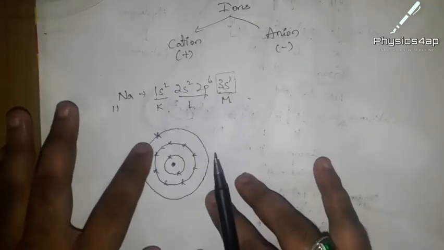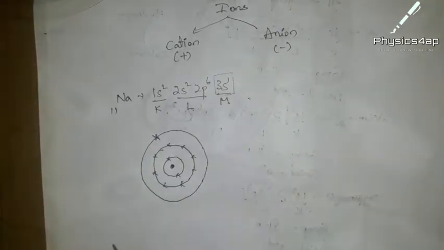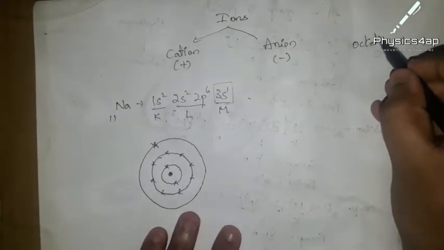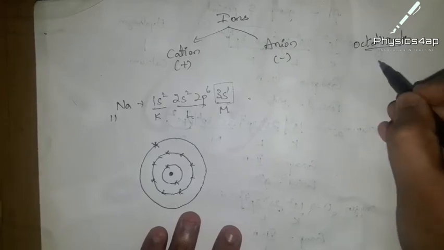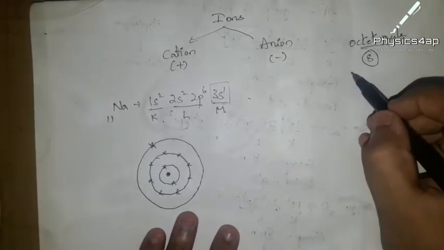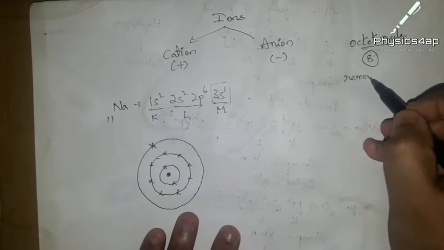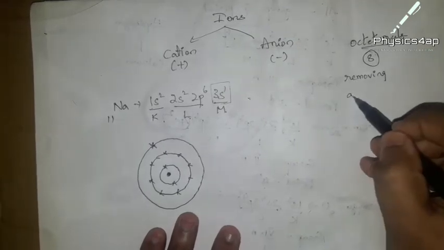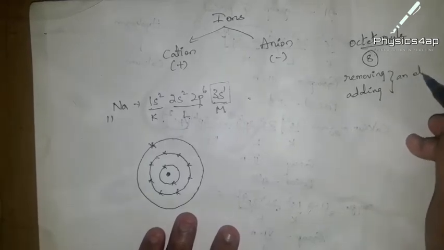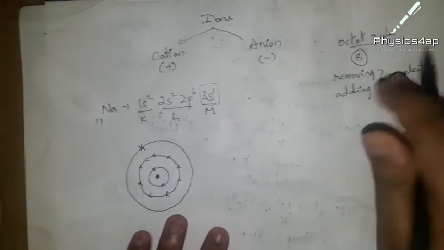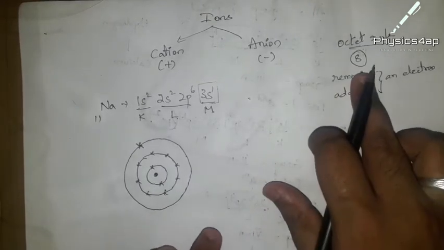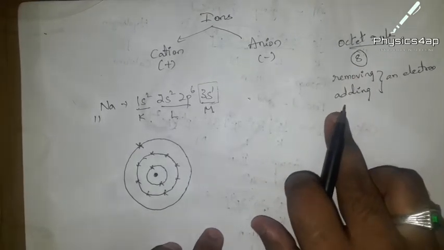Now here we have 1 electron in the outermost orbit. So here we will apply the octet rule. The octet rule is nothing but the outermost orbit should have 8 electrons by removing or adding an electron.